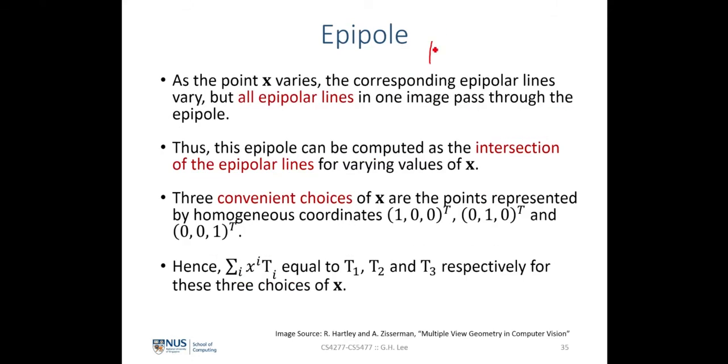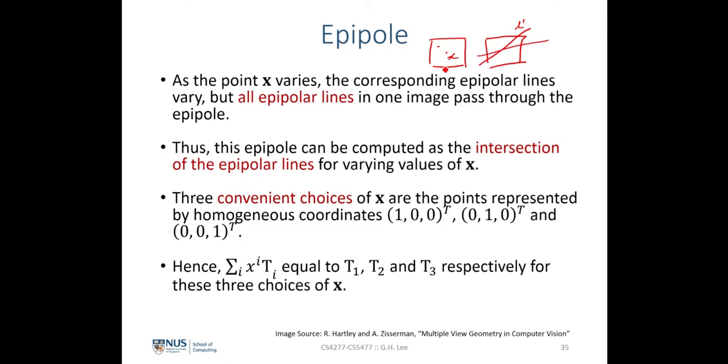Now we know that given a point which we denote as x in the first view, this is going to give rise to the epipolar line which we call L prime in the second view. As x varies in the first view, that means that if I have different x over here, it's going to give rise to different epipolar lines.